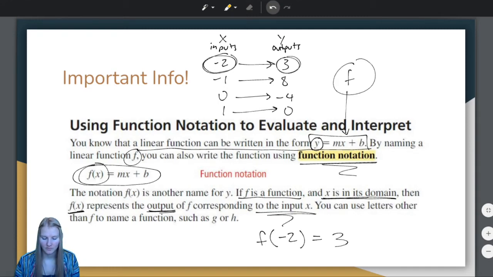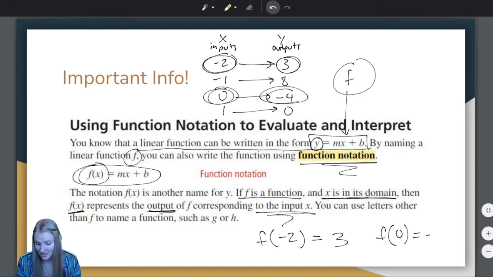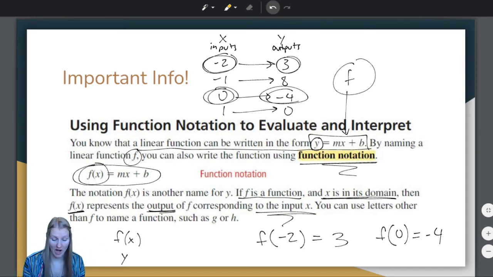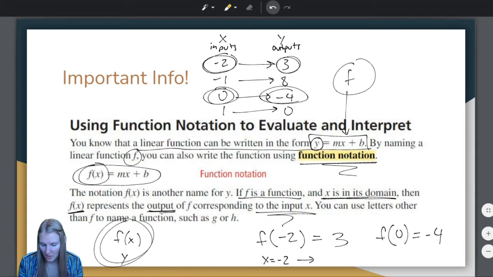f of the input, that is the output. When you say f of 0, f of the input, that is your output. So f of x is like y, it's your output. But instead of just writing x equals -2, then y equals 3, we have a nicer way of writing this.